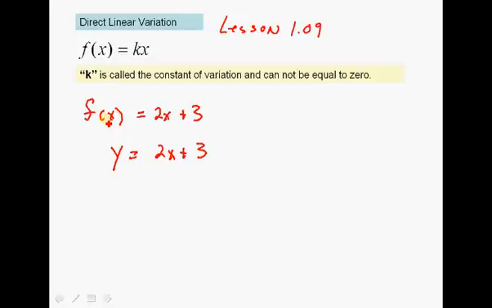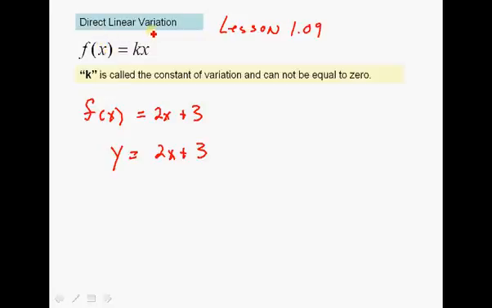So f of x is kind of similar to y, like replacing it with y. Try to back off and not get so freaked out when you see f of x. It's just saying it's a function, and you've learned about functions and relations and all that.